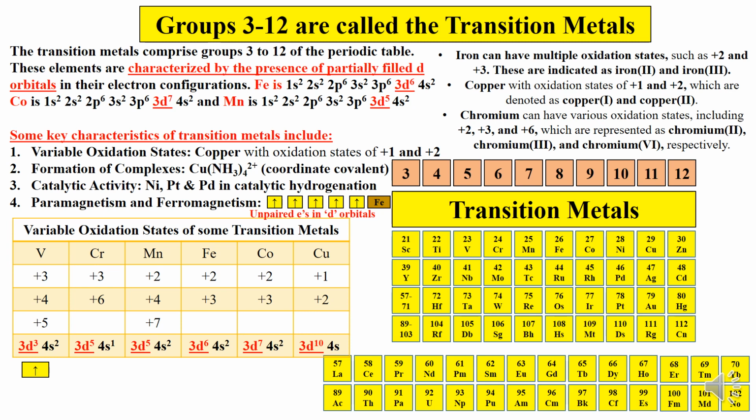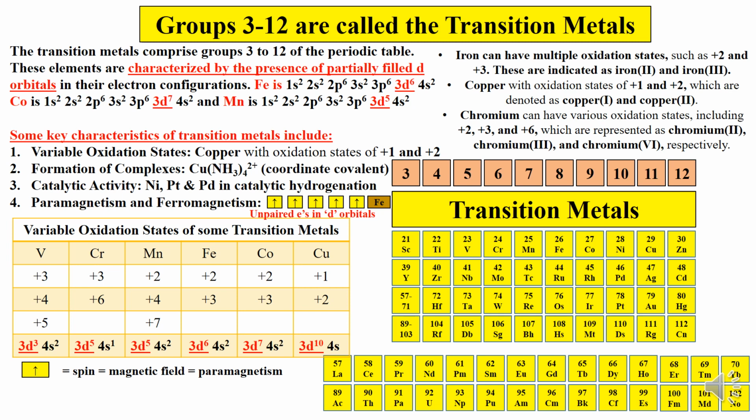The electron is a negatively charged particle, so it is no exception. It has a property called spin. It spins on its own axis, and because of this spinning motion, it generates a magnetic field, making it paramagnetic. So paramagnetism is a property of a substance with unpaired electrons.